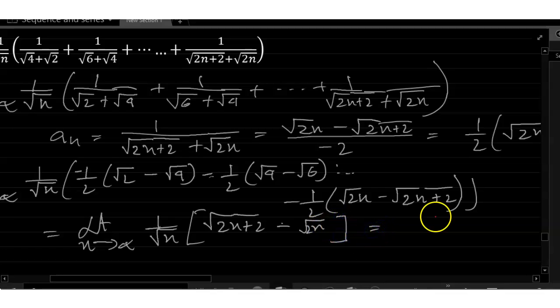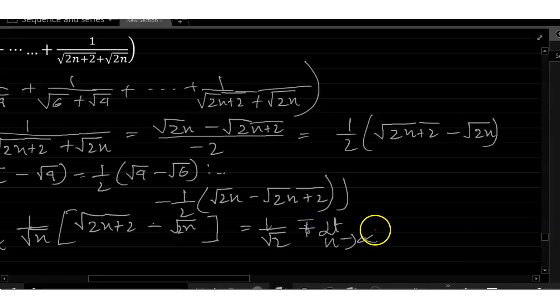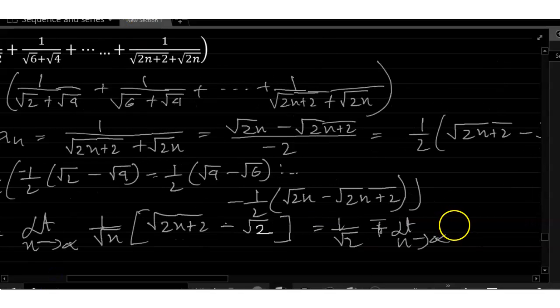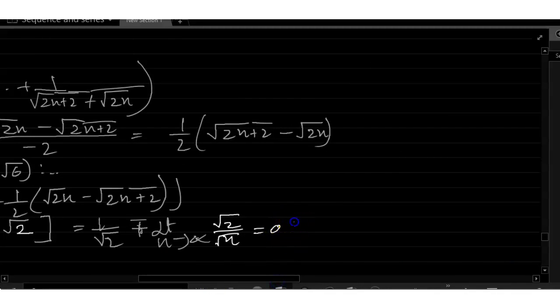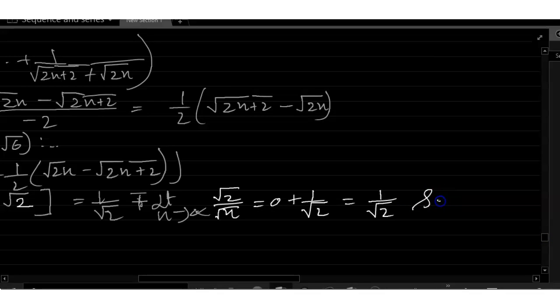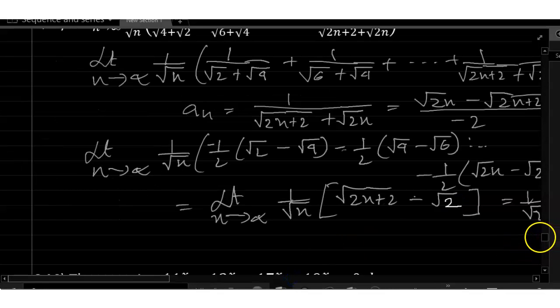After that we get 1 by root 2 plus limit n tends to infinity of minus root 2 by n root n, which equals 0, plus 1 by root 2. So my answer is 1 by root 2. So this is my answer.